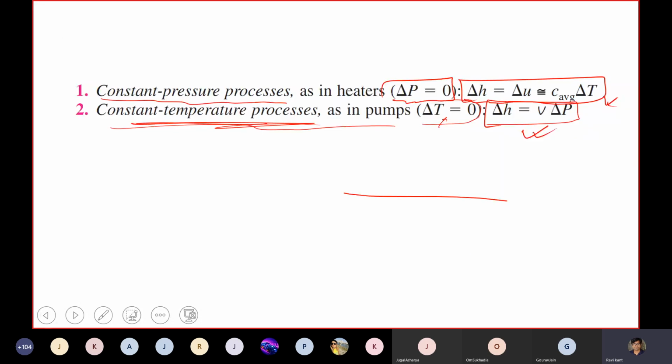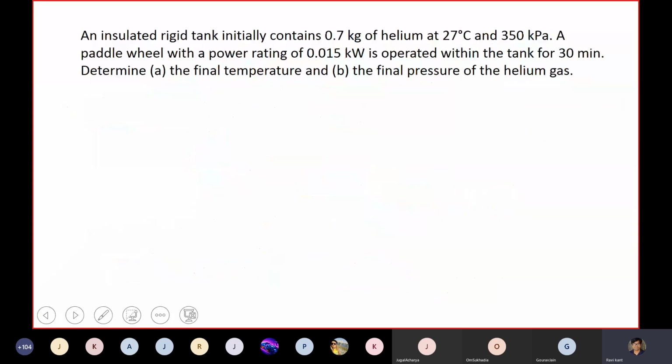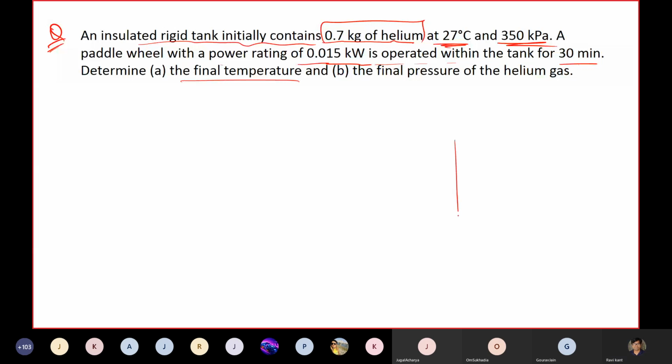So we will see it quickly in numericals. Let me take this particular example, this question, and you guys also follow along with me. An insulated rigid tank initially contains 0.7 kilograms of helium at 27 degrees C and 350 kilopascal. A paddle wheel with a given power rating is operated within the tank for 30 minutes. Determine the final temperature.